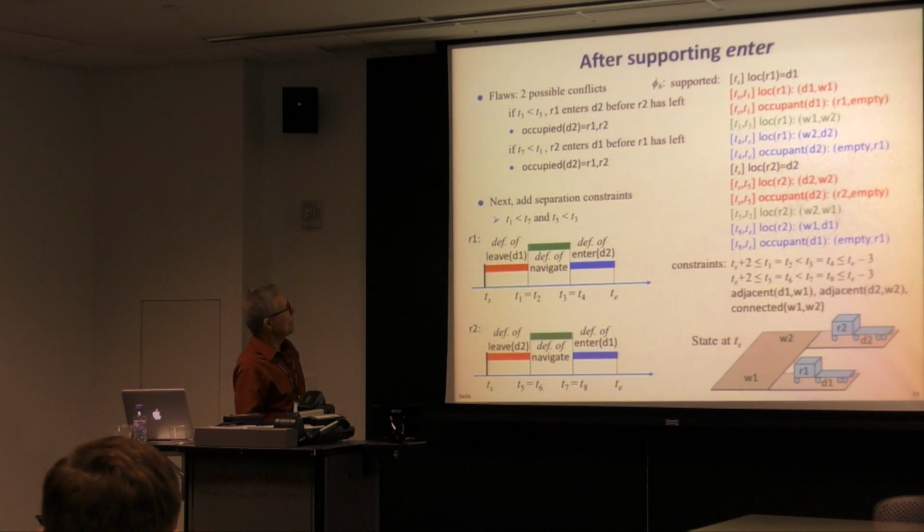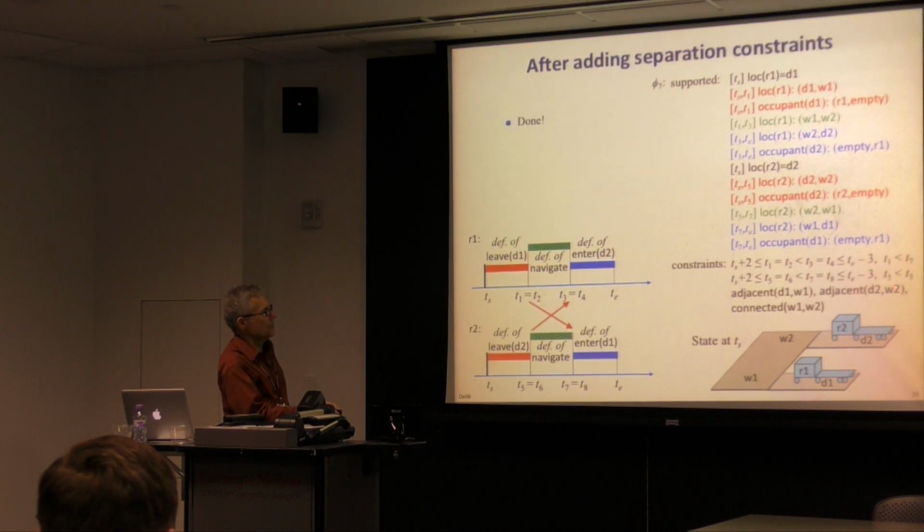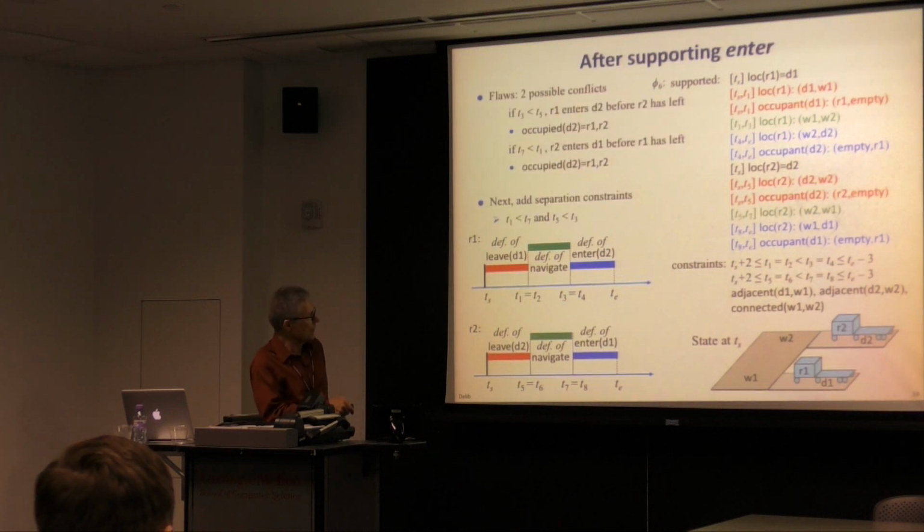So we need to set this time point to be after this one, all right? And if we do that, that introduces a constraint there. Furthermore, we need to do the same thing.